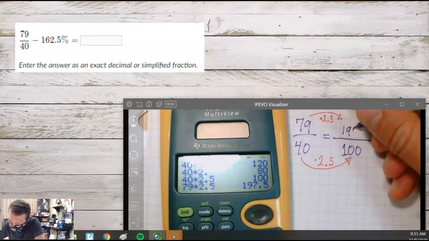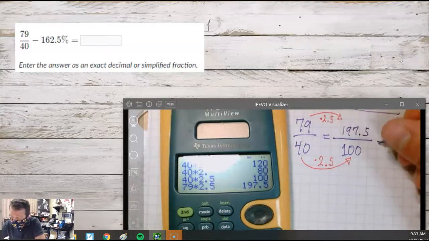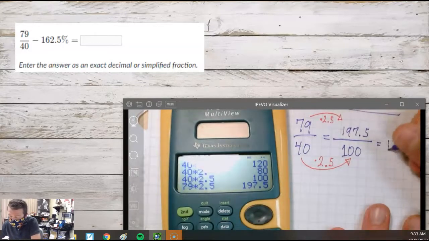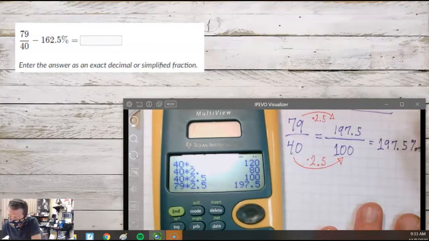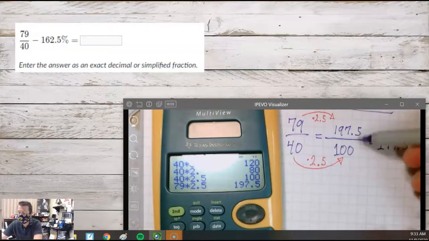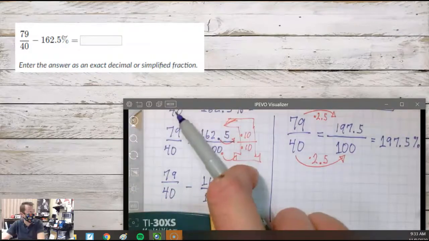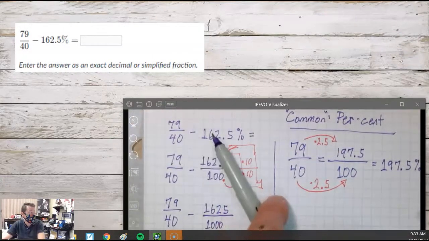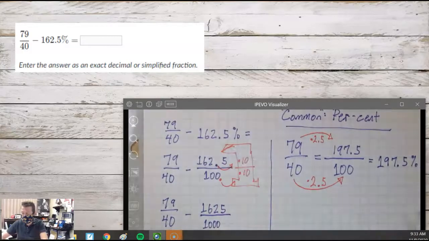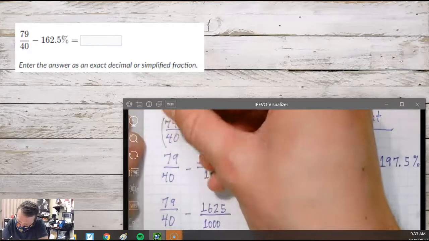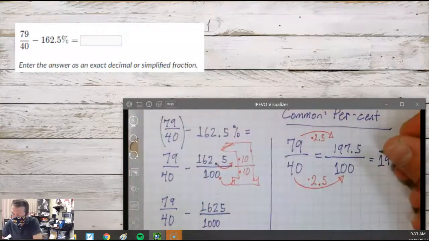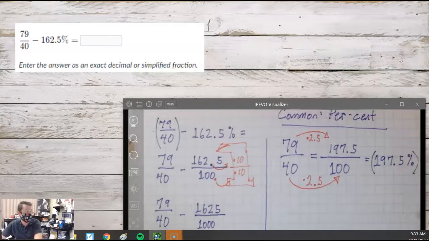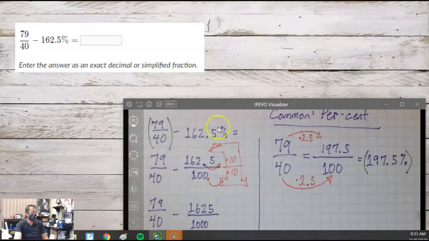So we technically have to do this. Which tells me, since we're over 100, that is 197.5%. Anything over 100 is a percent. So I could rewrite our original problem, replacing this fraction with this percent, because we now know that those are equivalent values.